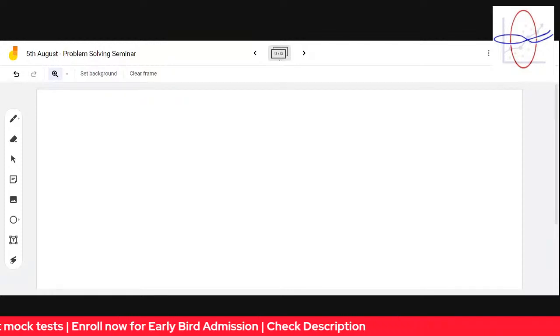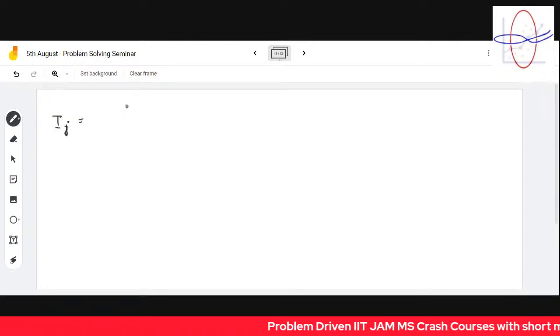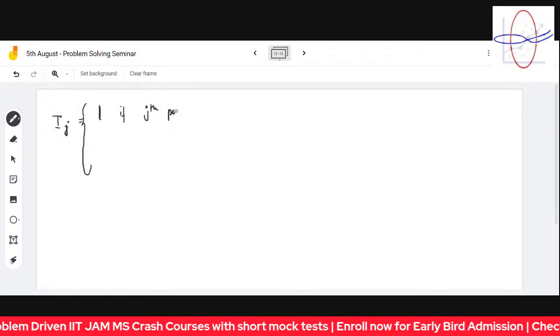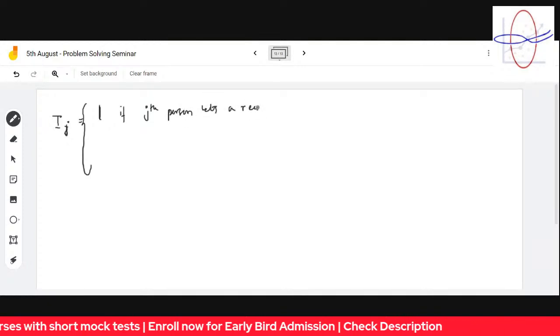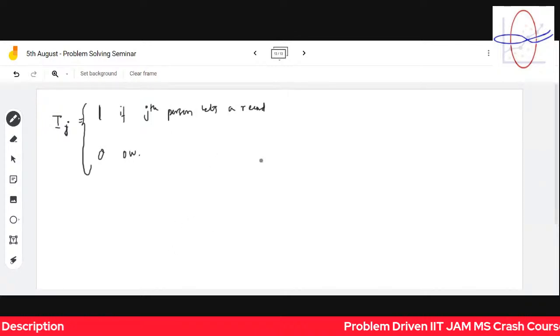So let's say I_j is the indicator random variable, 1 if the jth person sets a record, 0 otherwise.